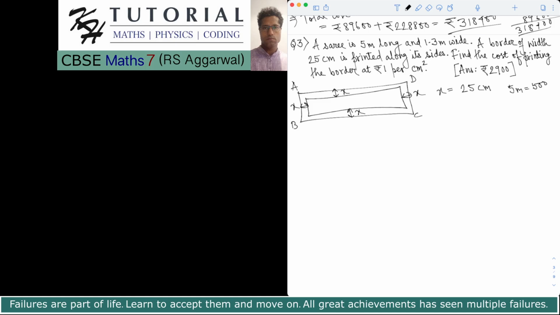I think it is better if we convert the width of the border that needs to be printed, which is 25 centimeter, into meter, I think then the calculation will be easier.